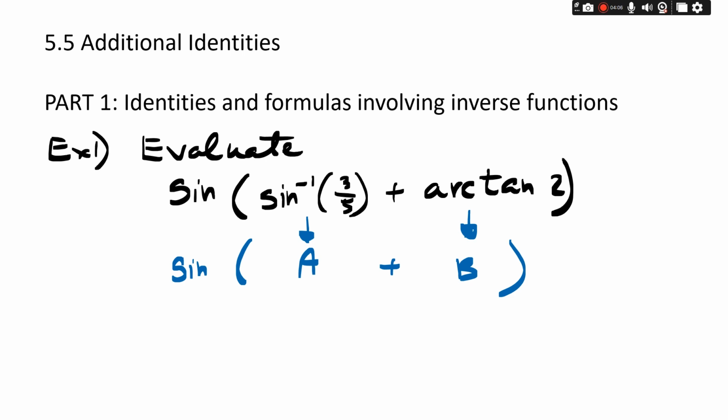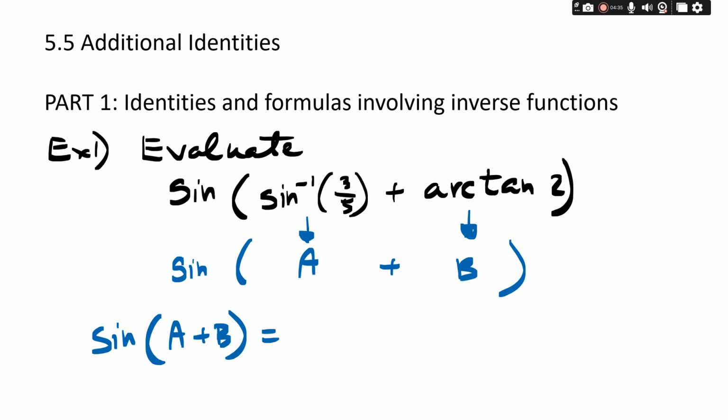Okay, so what I'm trying to do is I know trig functions. I'm trying to go to the inverse of them, get my angle, add those angles together, and then take the sine value of it. And I don't even know what those angles are, right? So I don't really even need to know what those angles are as long as I have this little, I call it a hack, the sine of A plus B hack.